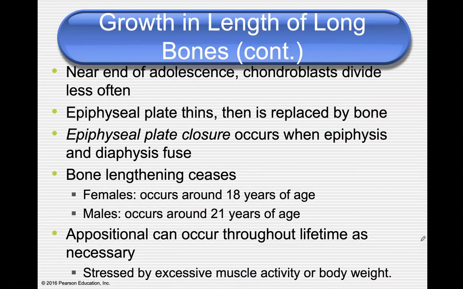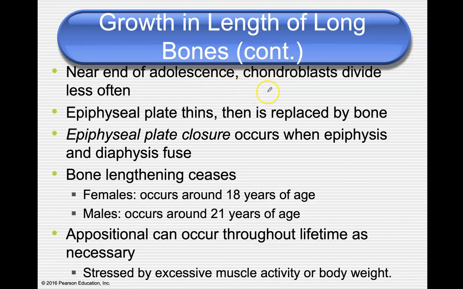Now the growth in the length of long bones will end near the end of adolescence. What ends up happening basically is that the chondroblasts on the epiphyseal side, in the proliferation zone, get signals as hormones change to divide less often. And as that happens, the ossification zone, where cartilage is being replaced by bone, is going to eventually catch up to that epiphyseal side.